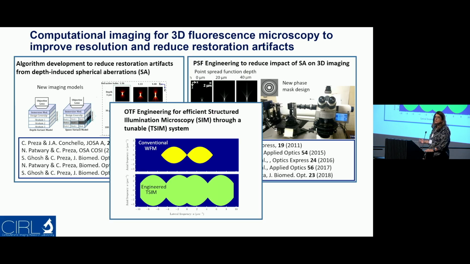And today I'm going to talk about, instead of changing the detection path of the commercial microscope, changing the illumination path by introducing structured illumination, which enables us to do OTF, or optical transfer function, engineering, to create a more efficient and effective structured illumination microscopy with a tunable instrument. So I'll talk more about that.